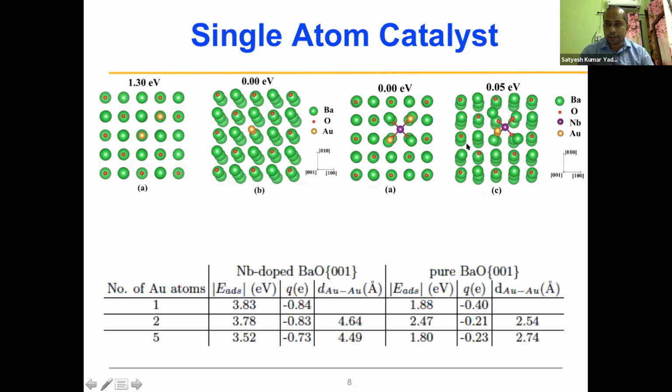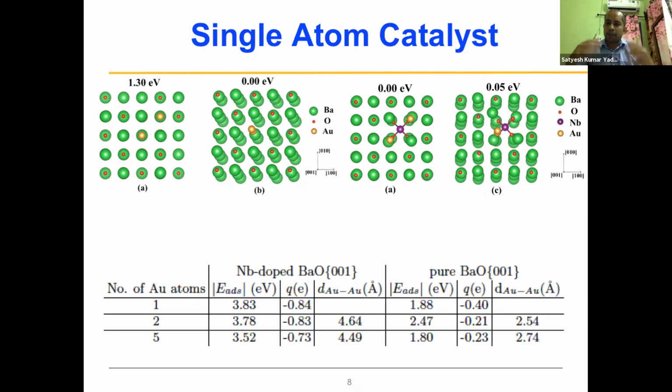On the other hand, if I have already doped with niobium and keep them apart as the reference, putting them together itself costs energy, not that high, but still you can see that you have successfully made a way for them to be separated rather than being together.